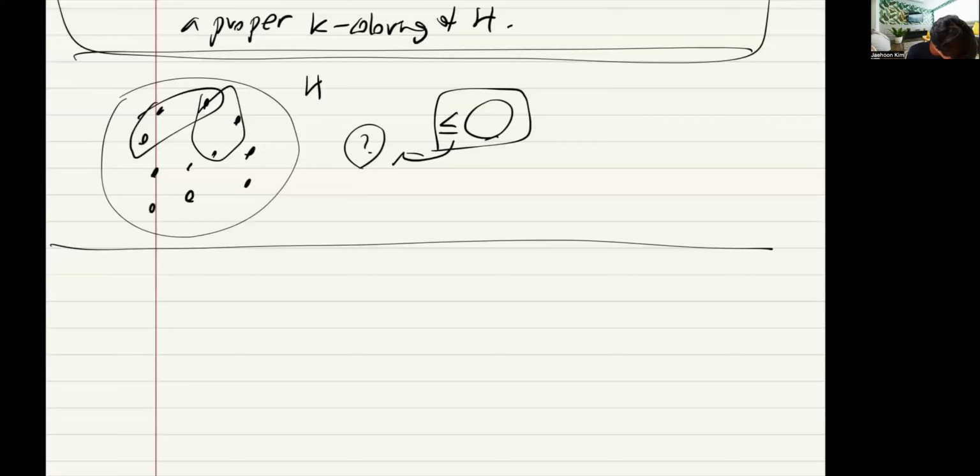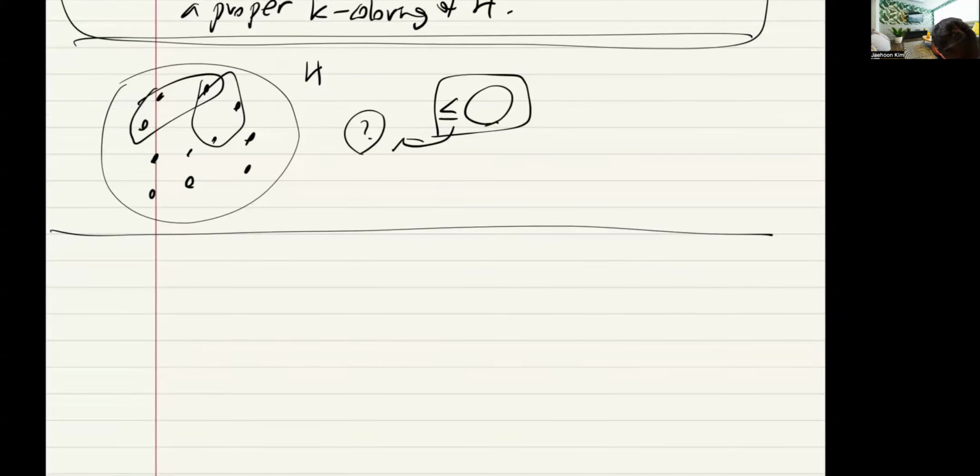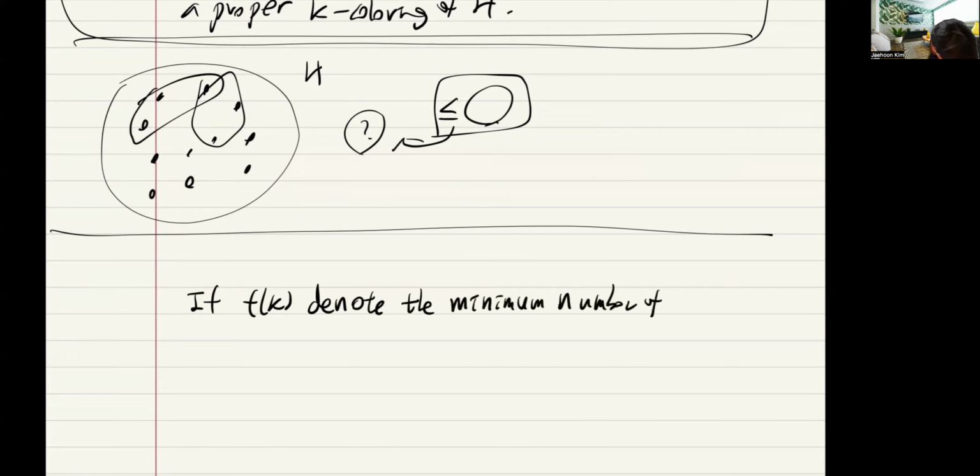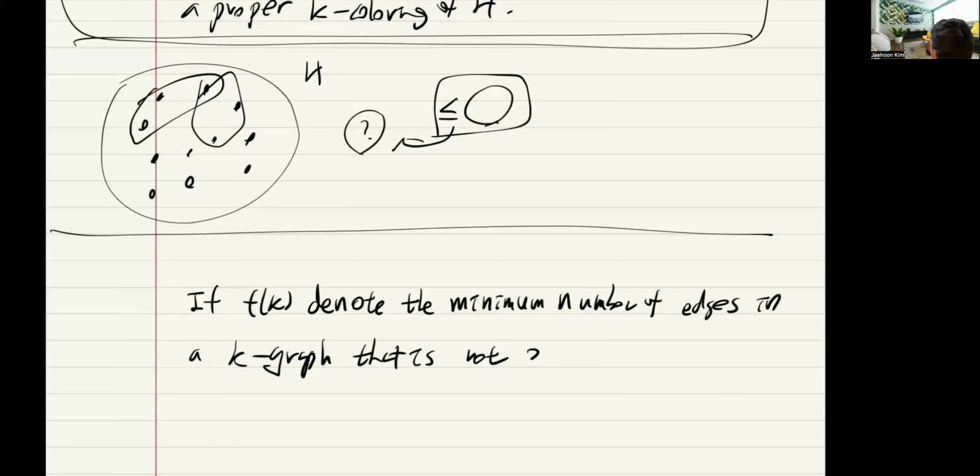In other words, we define f_k as the minimum number of edges in a k-uniform hypergraph that is not two-colorable, for the very basic case.